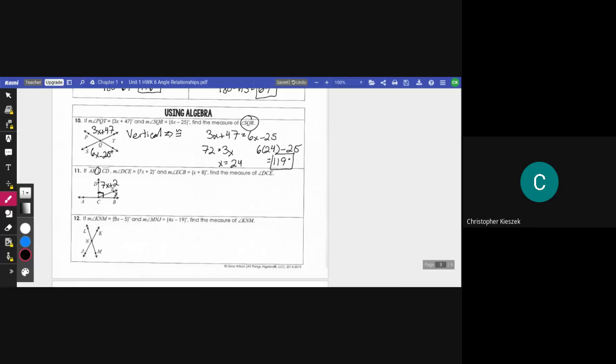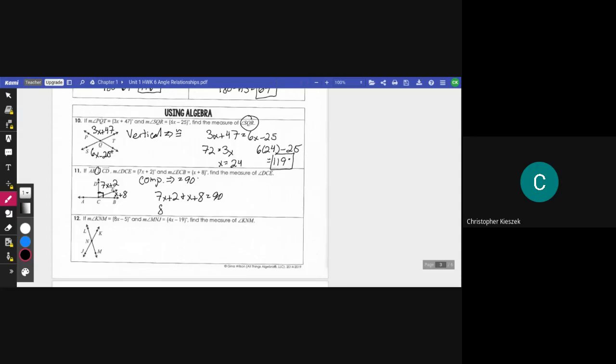ECB is x plus 8. Find the measure of DCE. So what kind of angles do I have here? I have complementary angles, which means what? It equals 90 degrees. So take 7x plus 2 plus x plus 8 equals 90.